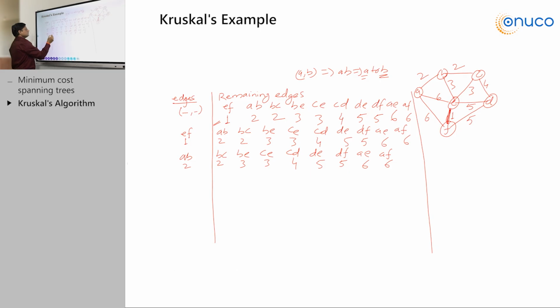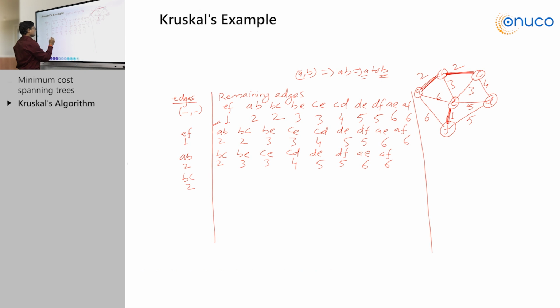Out of that, which is minimum? BC is minimum, as AB we have already selected. We can write this graph again and again. AB we have selected. Now next is BC 2. We have selected BC 2.